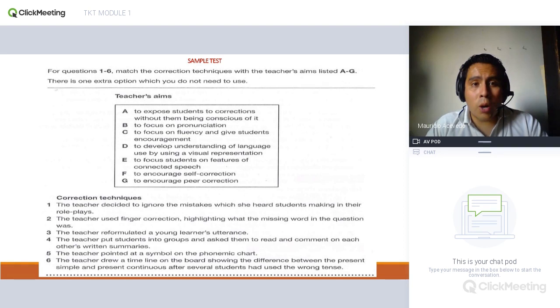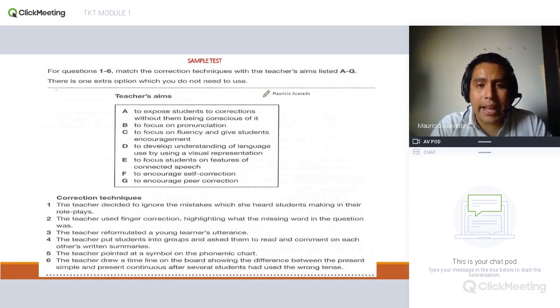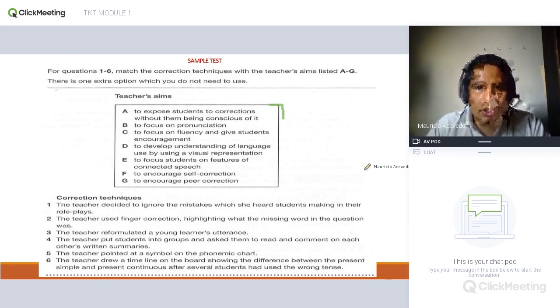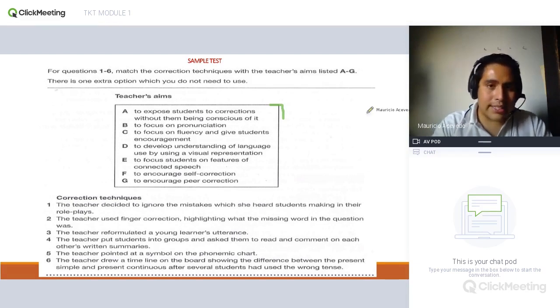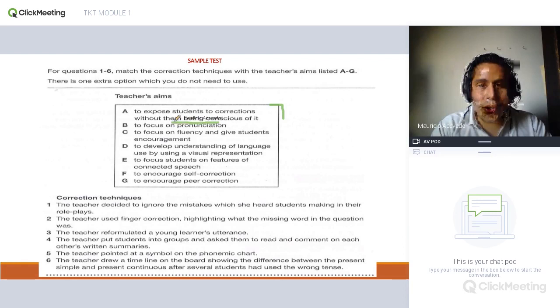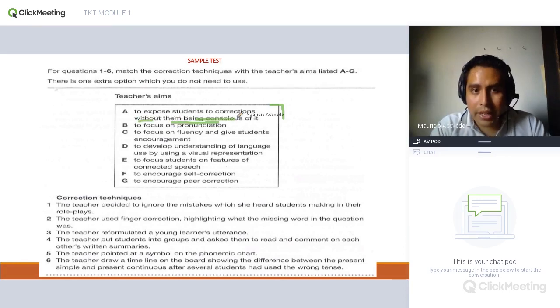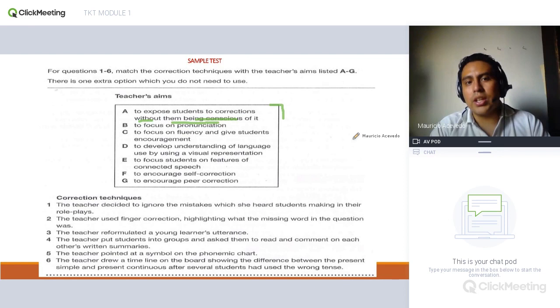Here we have the correction technique and we have the objectives of the teachers of the activities. For example, A, to expose students to correction without them being conscious of it. So what is this technique? Remember to look for your keywords. In this case it is conscious, without being conscious, which means that they don't realize that they are making a mistake.